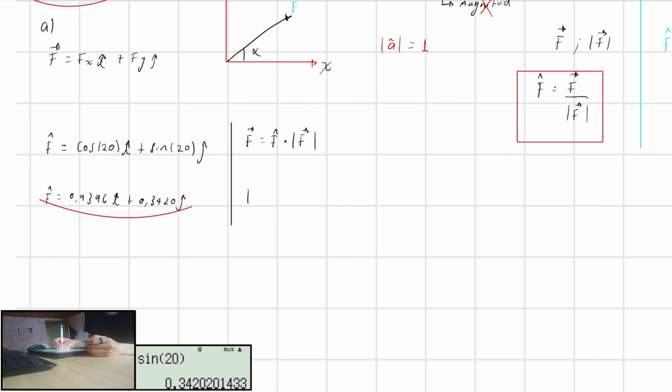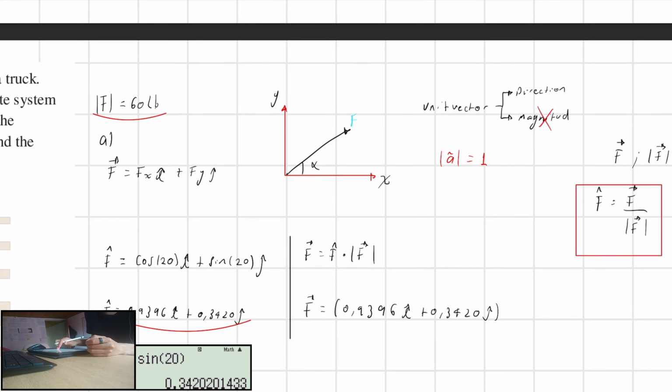That means that the vector f is going to be equal to 0.9396 in the i direction plus 0.3420 in the j direction multiplied by 60.